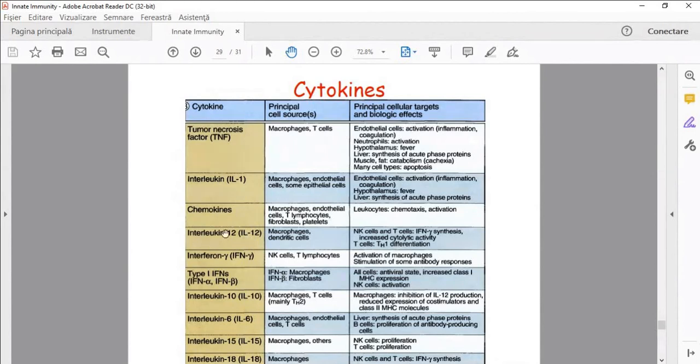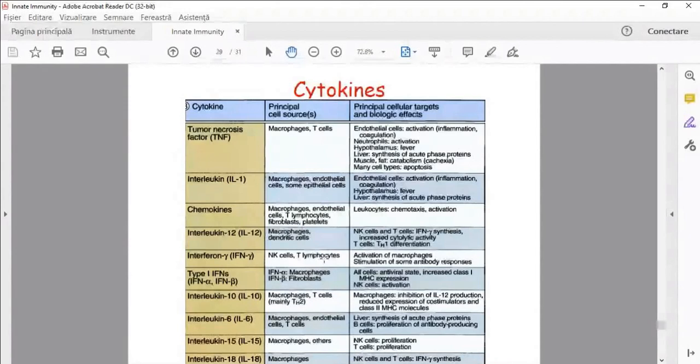Interleukin 12 and interferon alpha contribute to the cellular mediated immune response.